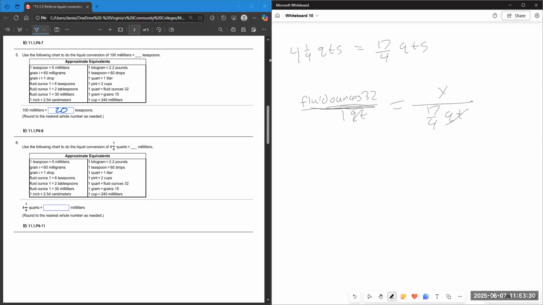Quarts cancel. 17 fourths times 32 fluid ounces. 4 goes into 32 8 times. 17 times 8 is 136.